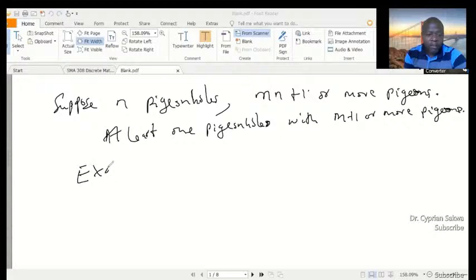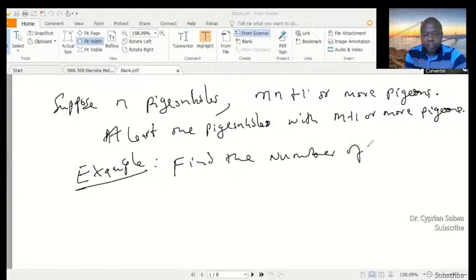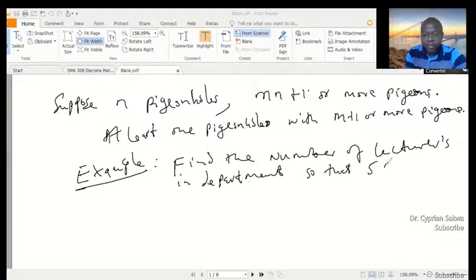And the example is this. Find the number of lecturers in a department so that 5 of them were born in the same month.